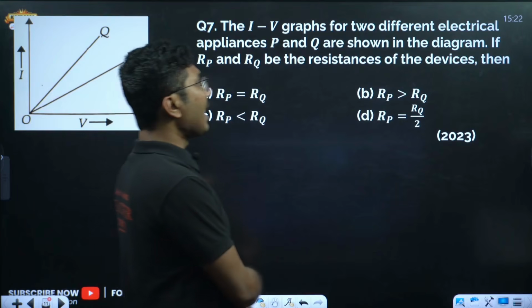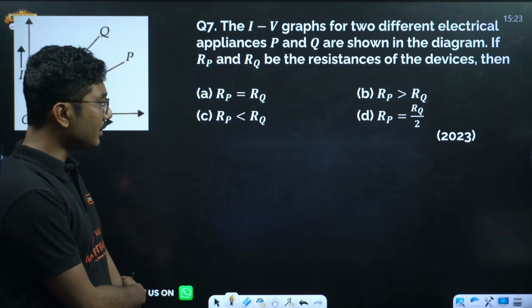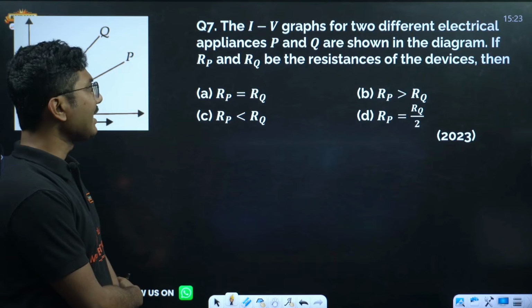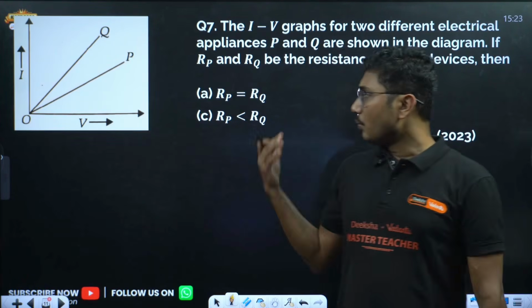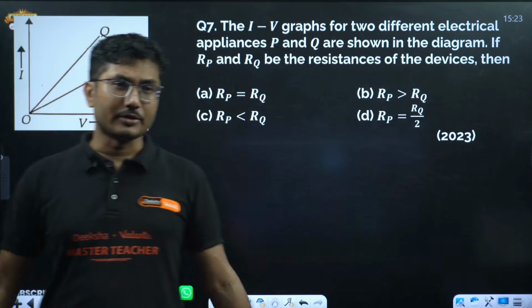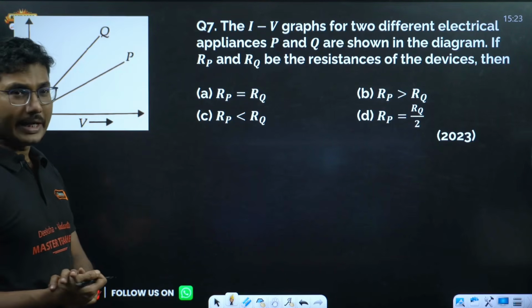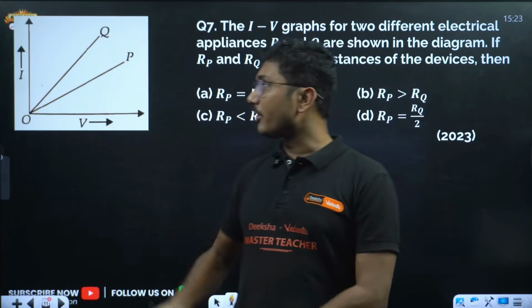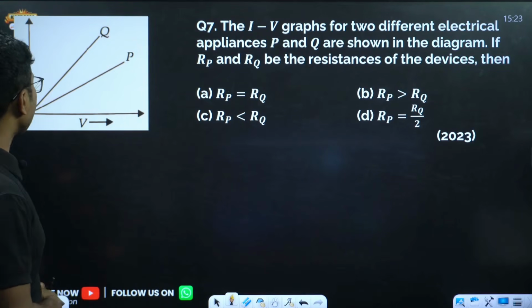The I-V graph for 2 different electrical appliances P and Q are shown in the diagram. If RP and RQ be the resistances of the devices, then which of the relationships is correct? So you have to understand one thing here. Voltage is plotted along the x-axis and current is plotted along the y-axis. If you understand that, your 50% problem is solved.